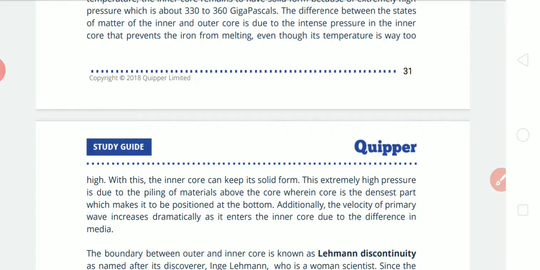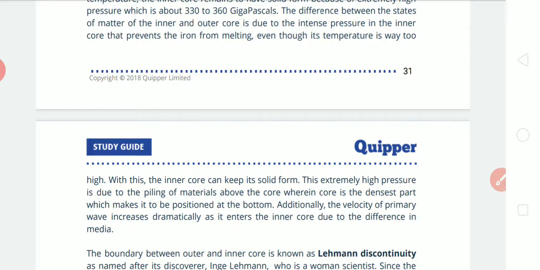This extremely high pressure is due to the piling of materials above the core, wherein the core is the densest part, which makes it positioned at the bottom. So if we rearrange the layers of the Earth according to density, we can generalize that the heaviest among the layers is of course the inner core.